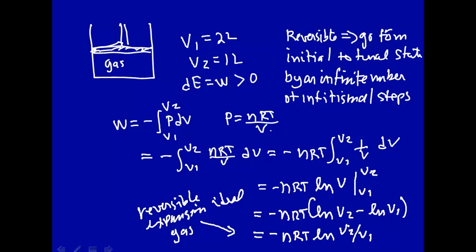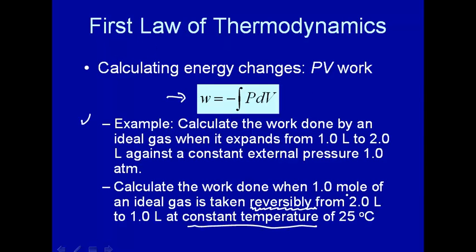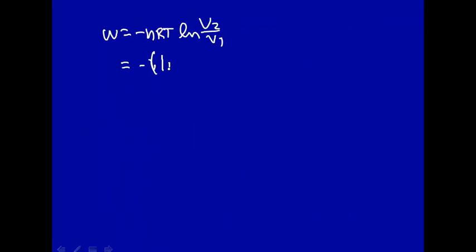All right, let's go ahead and calculate for this particular case. We could put in the numbers here. So W, we said, was minus nRT, natural log of V2 over V1. What is n? n is the number of moles. We have 1 mole. What is R? Well, I'll just use the wrong units of R just to show you why it's not going to work.